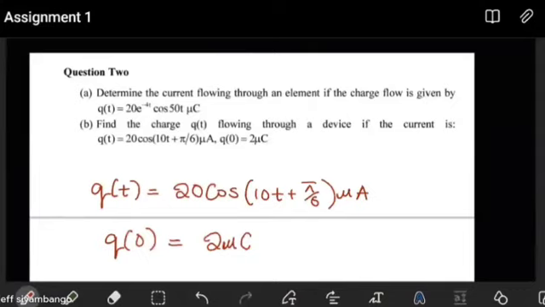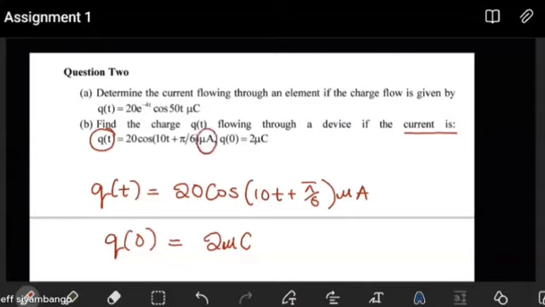What else are they saying? The question says, find the charge Qt flowing through a device if the current, so we're seeing something here. If the current is, but look at what this is, Qt. And look at the units here, microampere.